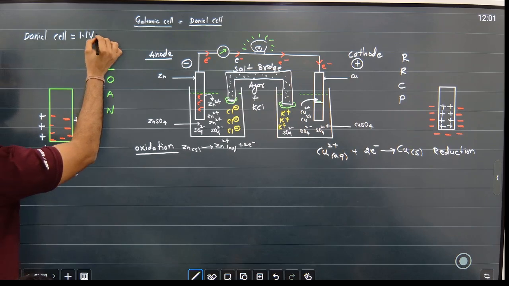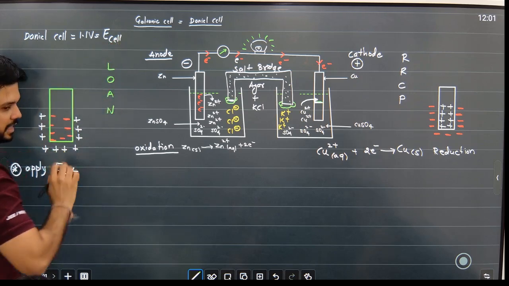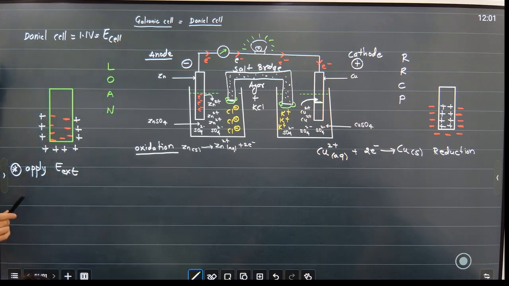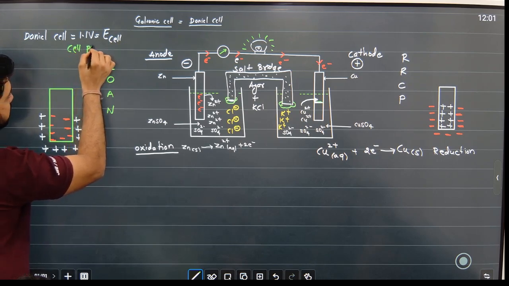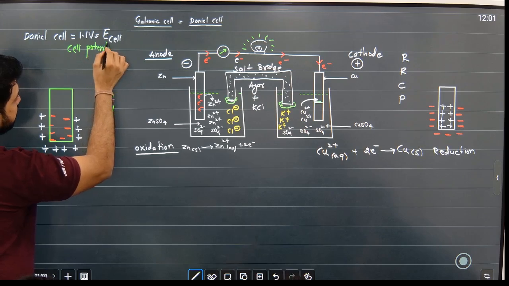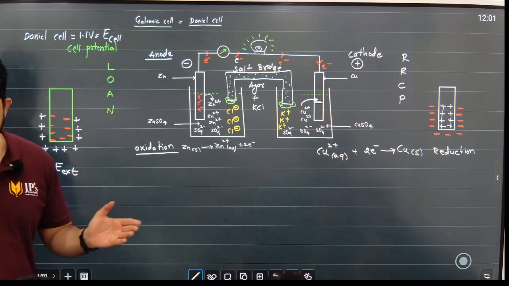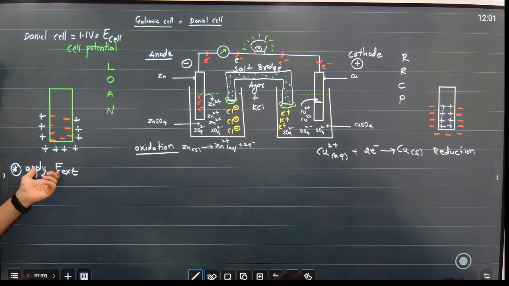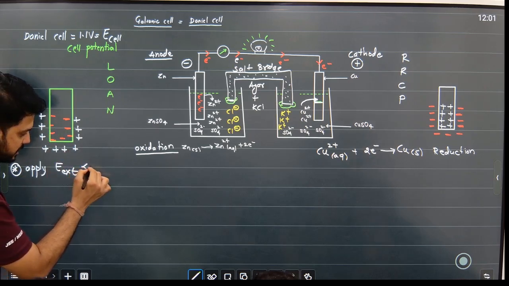This is written as E cell. E cell stands for cell potential. Do you remember where we learned this before? Excellent, we did this in the d and f block elements. Now, let's say I apply an external voltage that is less than 1.1 volt.